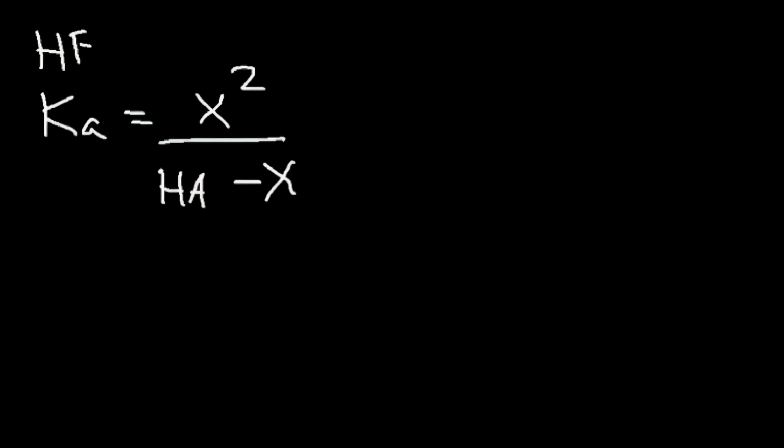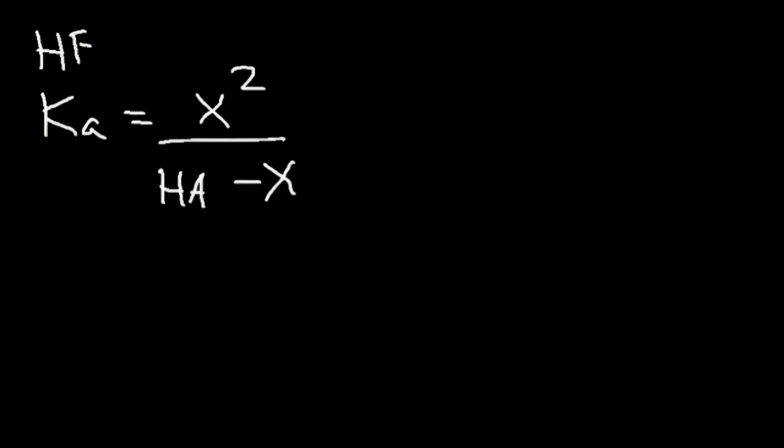If Ka is very small, which is usually the case, you could ignore the X value. So if it's like 10 to the negative 4 or less, it's safe to say that you could ignore X. If it's like 10 to the minus 2 or 10 to the minus 3, you have to make a decision. But if it's like 10 to the minus 2, I probably won't take a chance of ignoring X. I would try to use the quadratic equation.